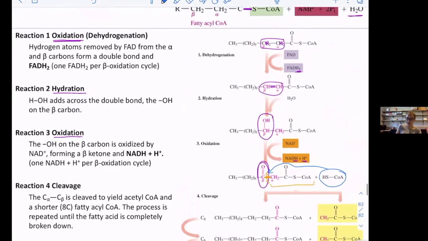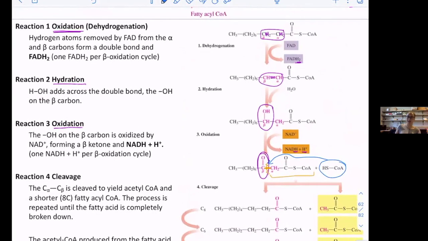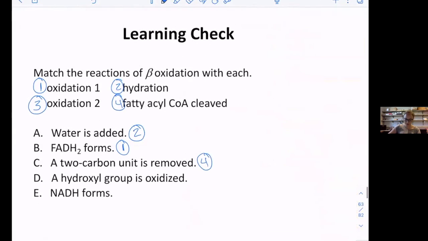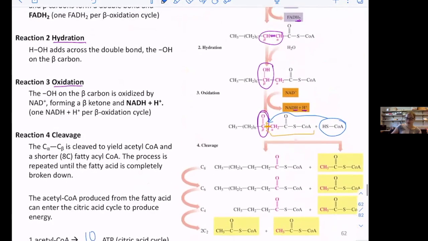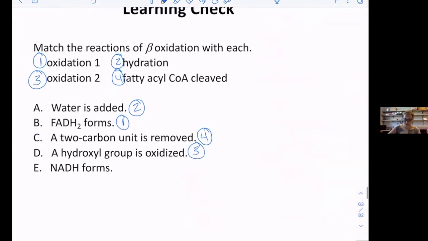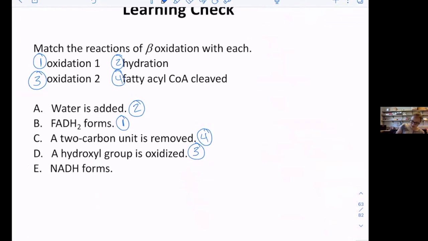Let's go back and look. Our first oxidation is actually to make a carbon-carbon double bond, right? So the hydroxyl oxidation is the second oxidation, or step number 3. And then our last one is NADH forms. NADH is the coenzyme associated with oxidation 2, so that's step number 3 again.